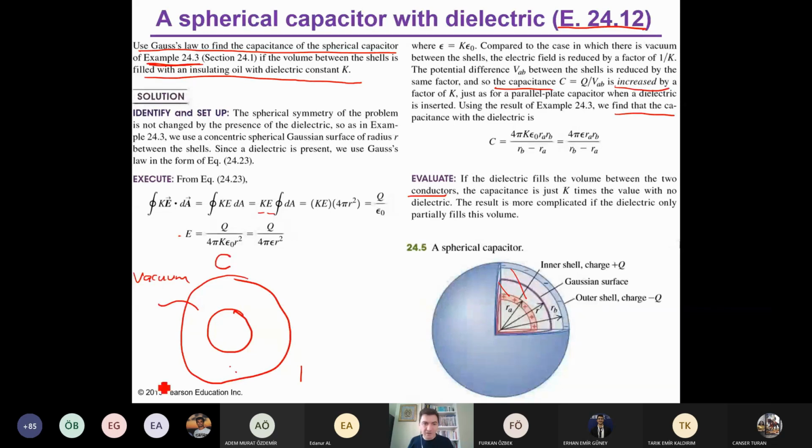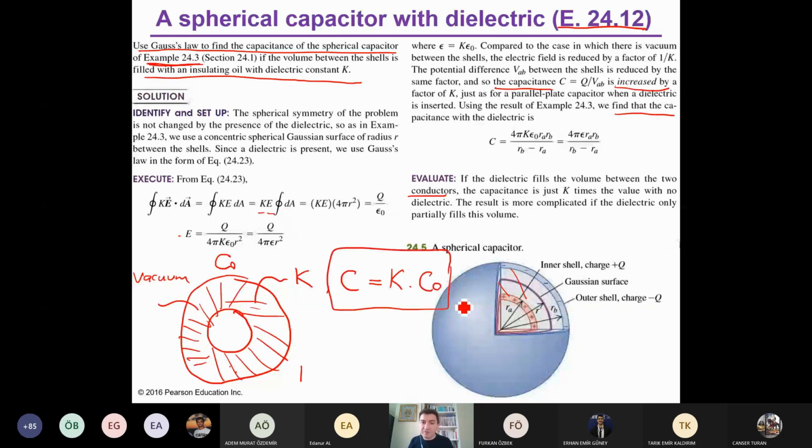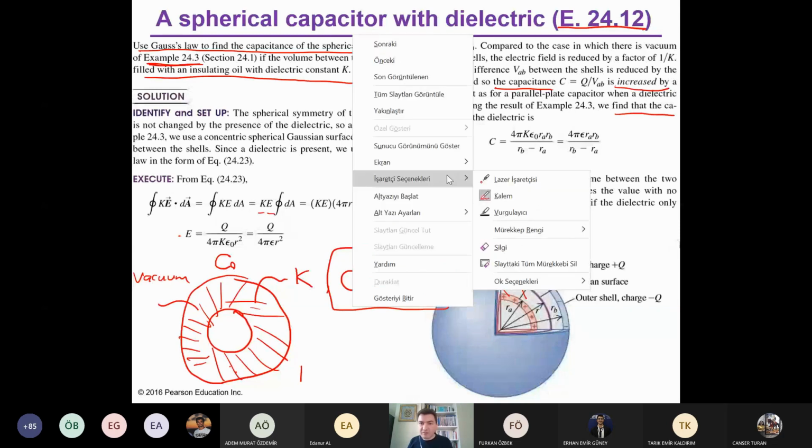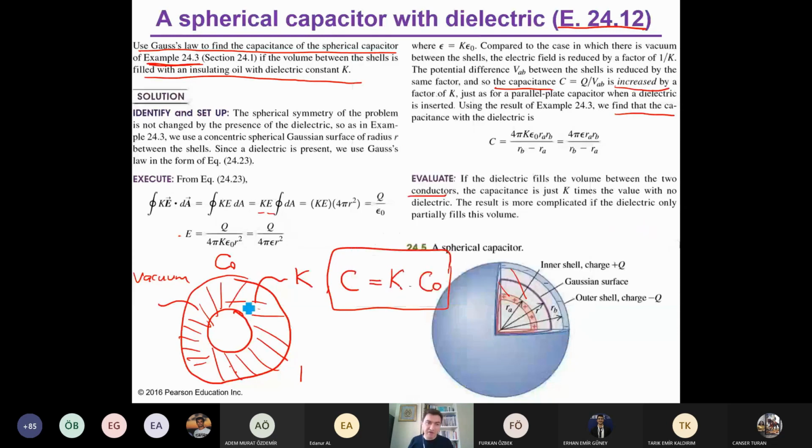If you fill this gap with a dielectric material with some certain K, then the capacitance of this system will be C, and this C will be K times C0. This is the result.